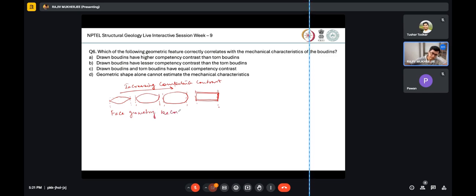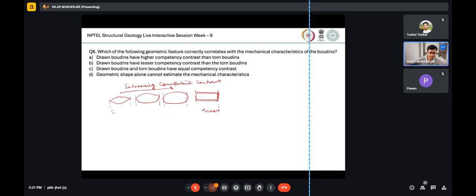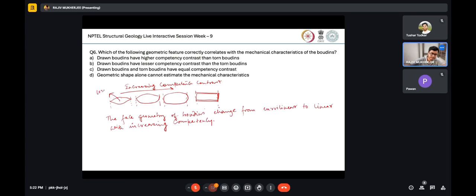Becomes linear, or we can say that the face geometry, and this is more competent.